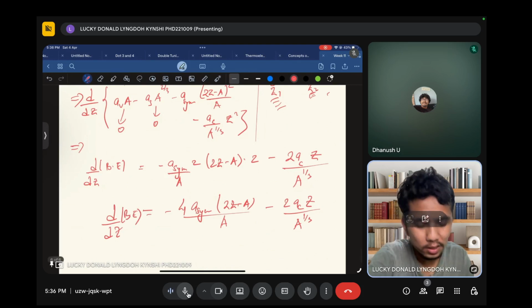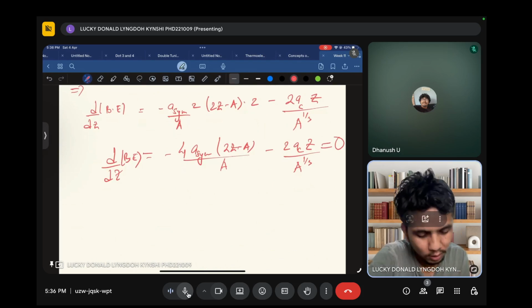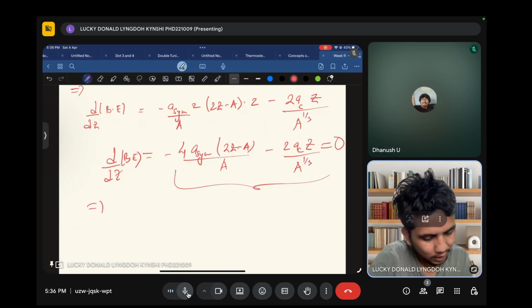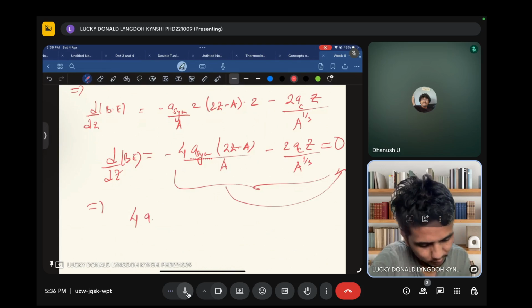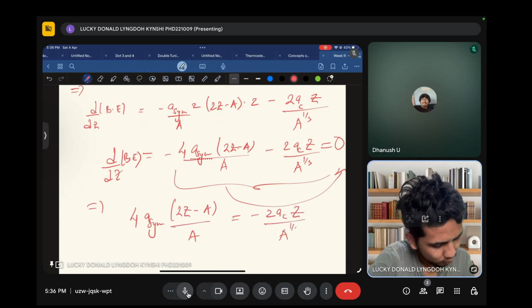If I equate this to 0 to find the stability value of Z, I can write 4 a asymmetry times (2Z minus A) divided by A equal to minus 2 a c Z divided by A to the power 1 by 3.